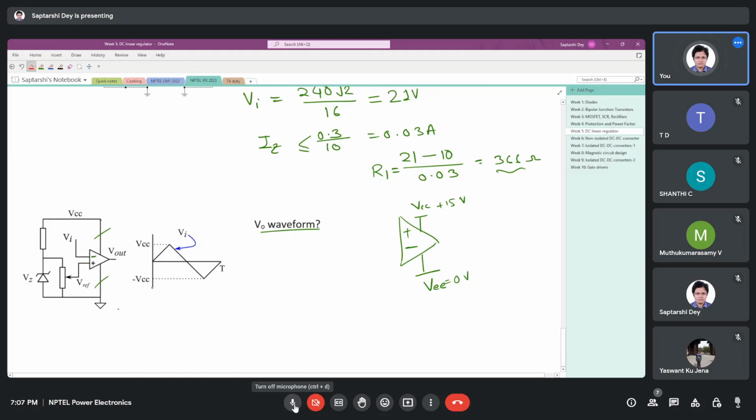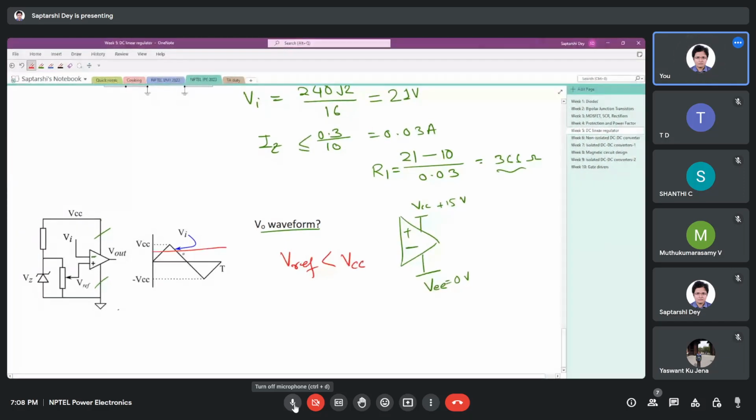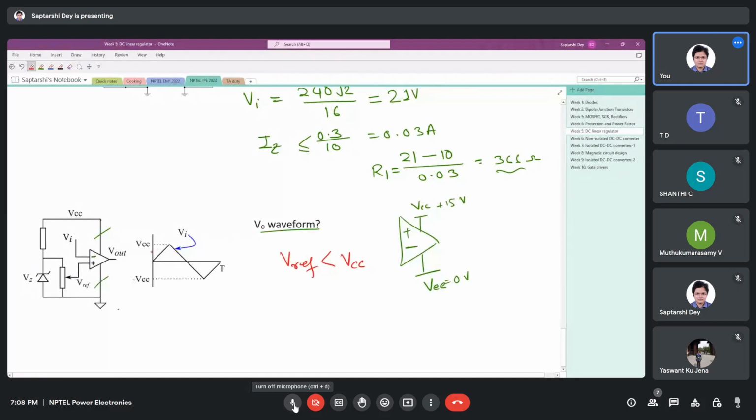This is from VCC to minus VCC, and you have a Zener and a reference, so definitely Vref is less than VCC. Vref is somewhere here, say. At the midway, sir, VCC by 2? Is it not at VCC by 2, positive? Somewhere here.